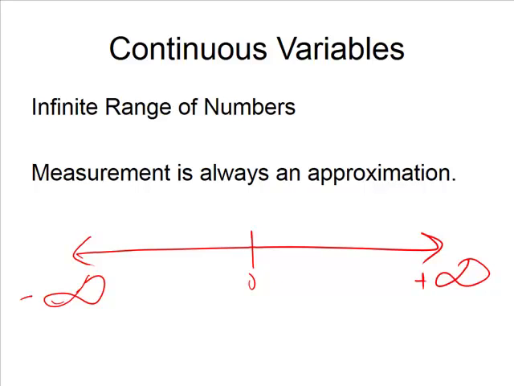Anybody know what the second type of infinity is in a number? What do you think? Yeah. Between 0 and 1, how many numbers are there? Don't decimal points go out to infinity?